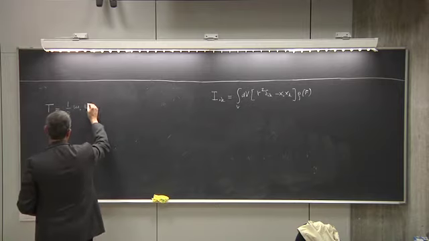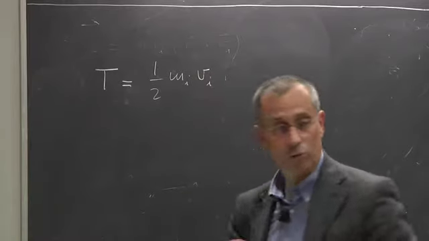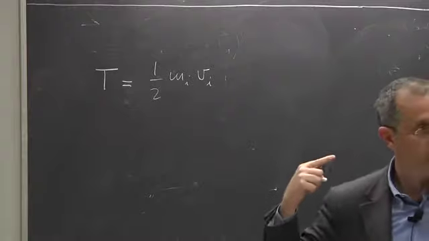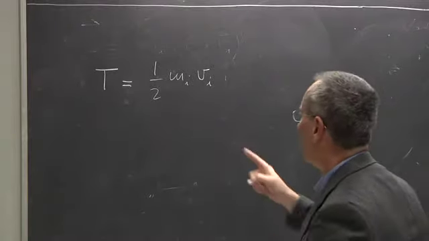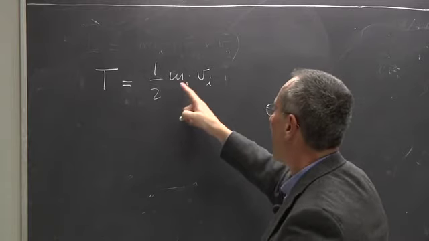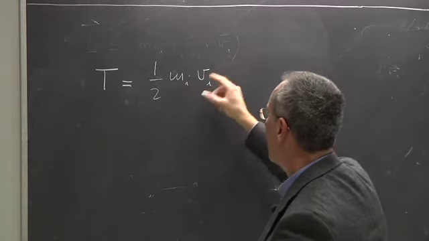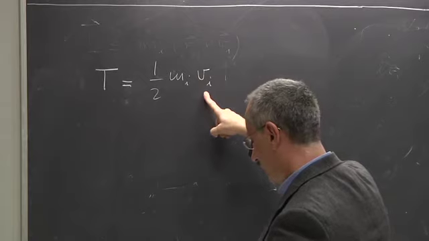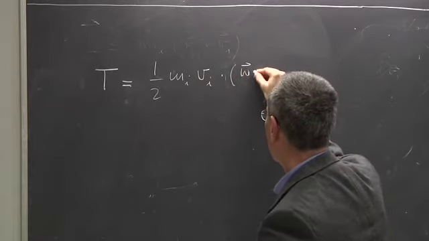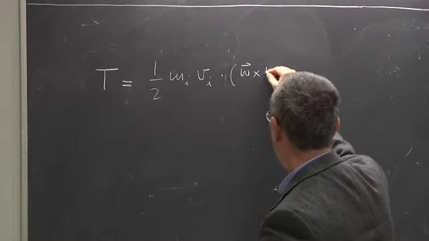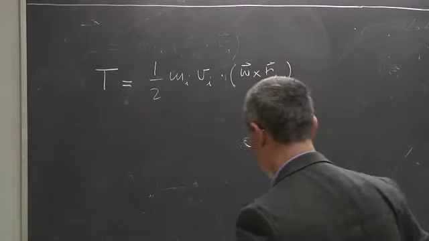I write it this way because I want to bring in this tensor somewhere. That means I want to bring in the angular momentum. So I write 1/2 mv squared. I write one v like this, and then the other v I write using the angular momentum, r_i.